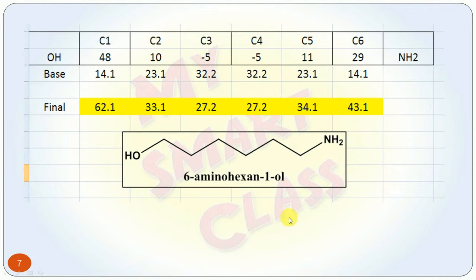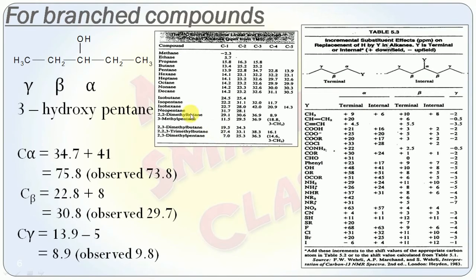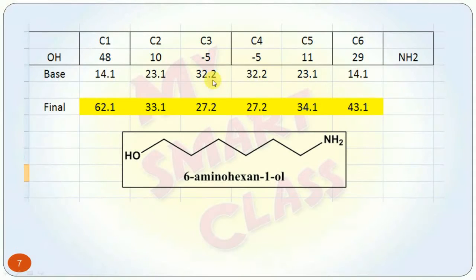Suppose we are taking this example, 6-aminohexan-1-ol. It has 6 carbons. First of all, you have to write the base value. For hexane, here is the base value: 14.1, 23.1, 32.2, 32.2, and 23.1. So here I have written the base values. Now we have to find out the shift parameter.